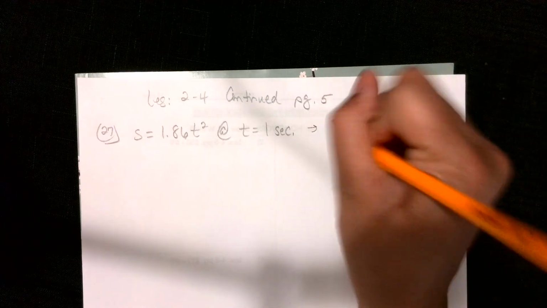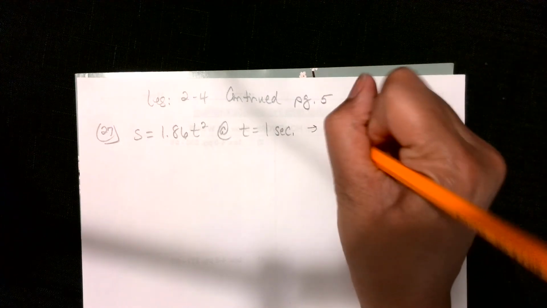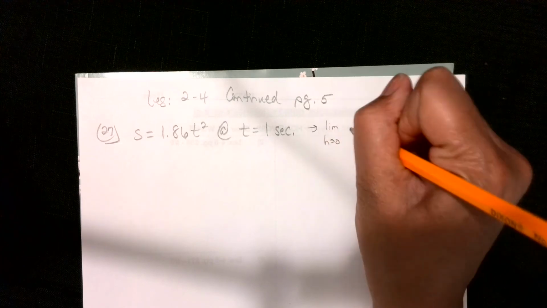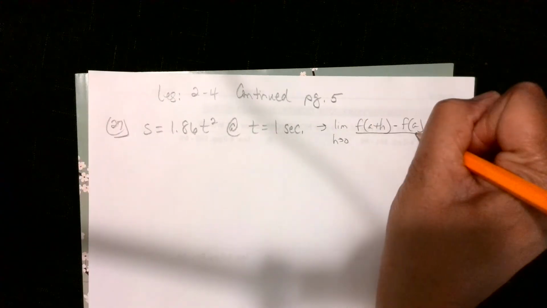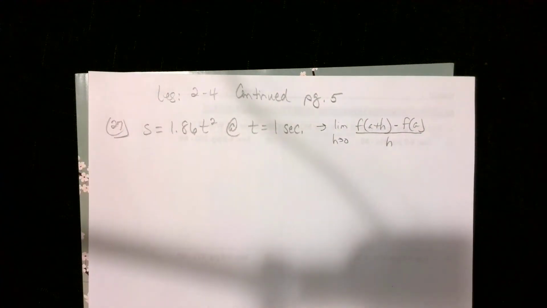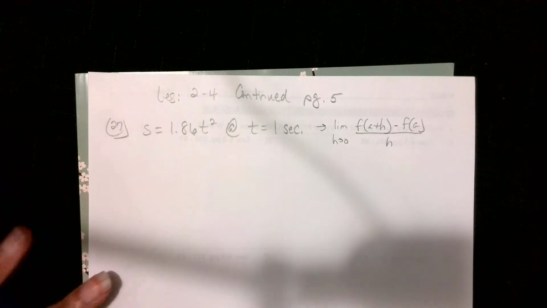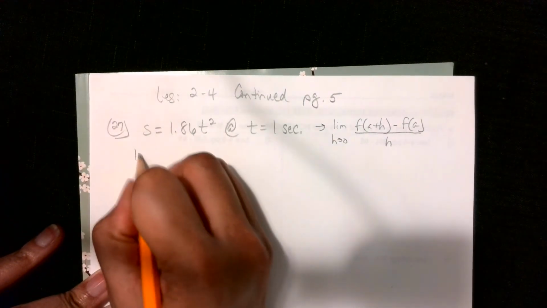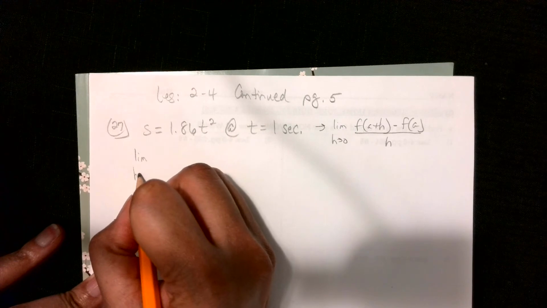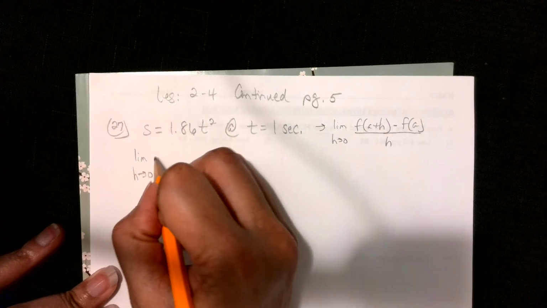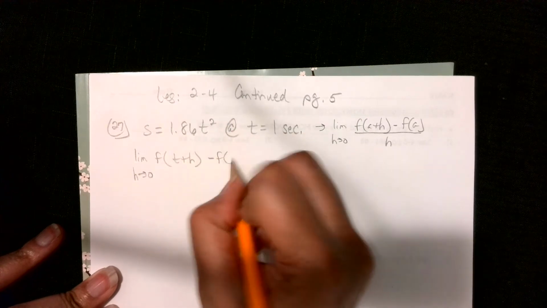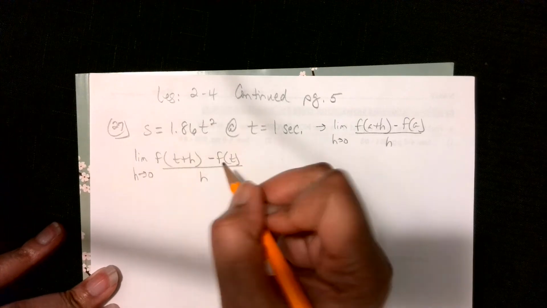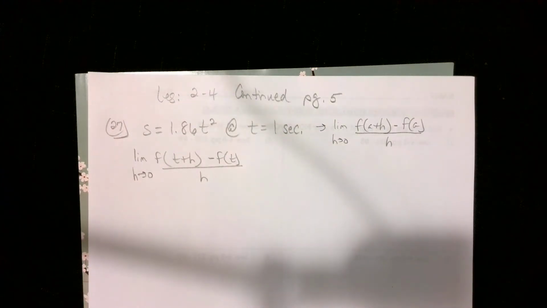And so again, we would use the limit as h approaches 0 of f of a plus h minus f of a over h. But since we're talking about time and speed, they just changed the variable to fit the problem. So the book uses the limit as h approaches 0 of f of t plus h minus f of t all over h, just to fit that we're talking about time.